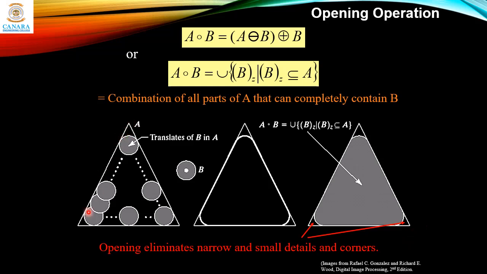The original image is a triangle with sharp edges or three corners, and when you perform this opening operation using this structuring element, which is basically a disk, we retain the pixels up to the center of this disk or structuring element B. So when you slide it around the inside, not overlapping or crossing the borders of the object, you won't be able to cover the corner, so that corner part will be lost because of this opening operation.